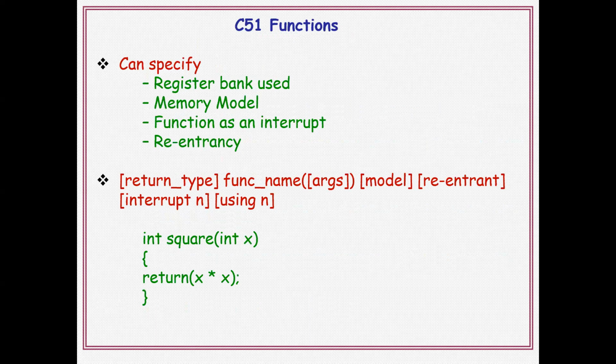And next one is C51 functions. You can specify the register bank used, memory model, function as an interrupt, reentrancy. Here, if you observe, return type, function name, arguments, model, reentrant, interrupt, using, more options are supported.